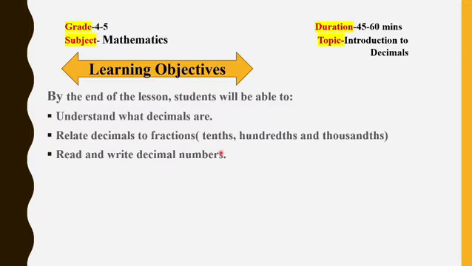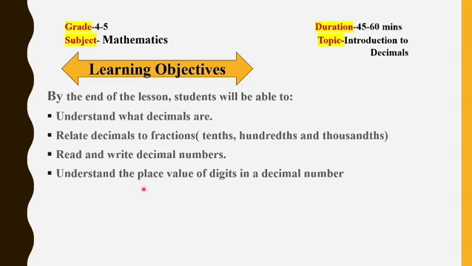Then they will be able to read and write decimal numbers, understand the place value of digits in a decimal number. From the normal place value system, they will now understand the decimal place value system. And now it's real life application, where decimal numbers can be seen in real life.